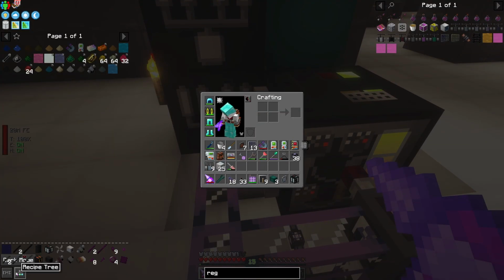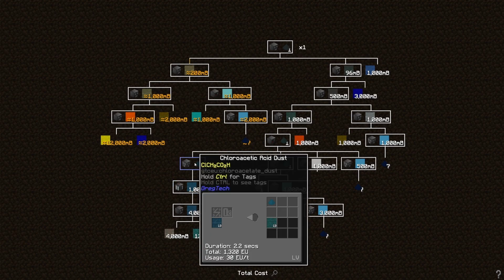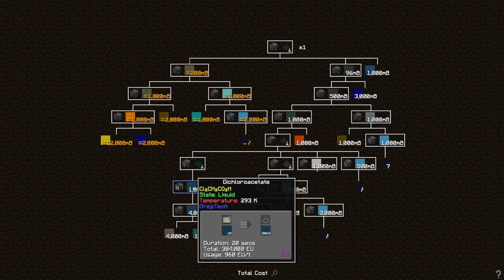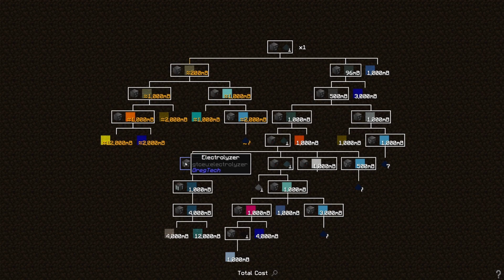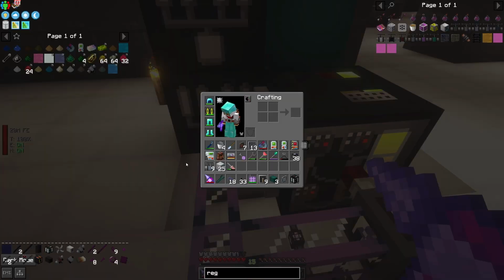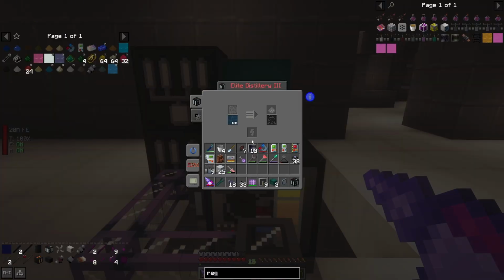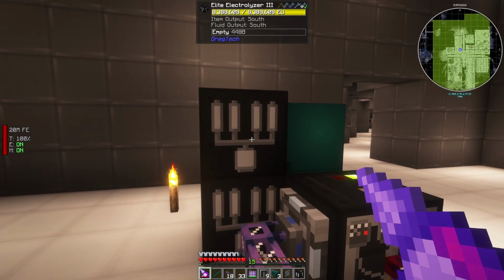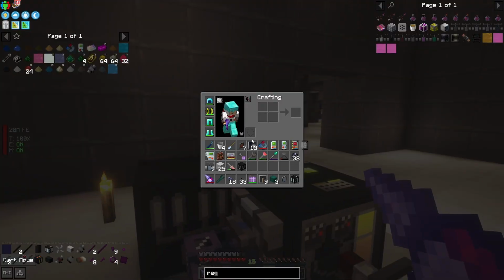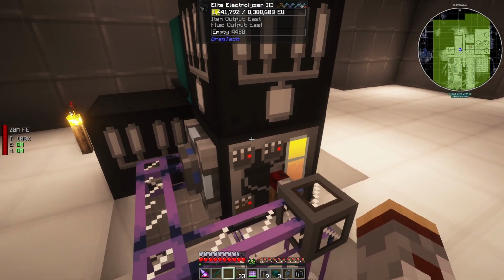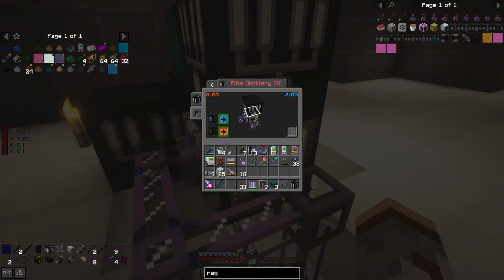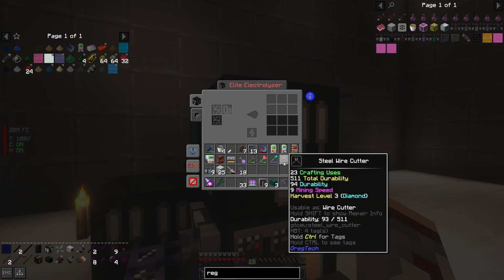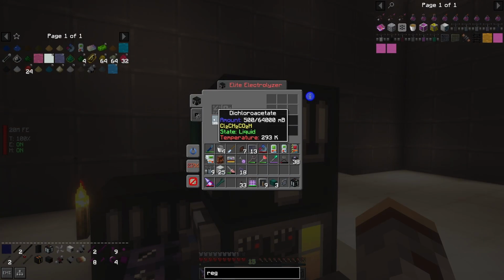All right, so now next, we need to take the dichloroacetate and send it into an electrolyzer. And although, now I think about it, there we go.